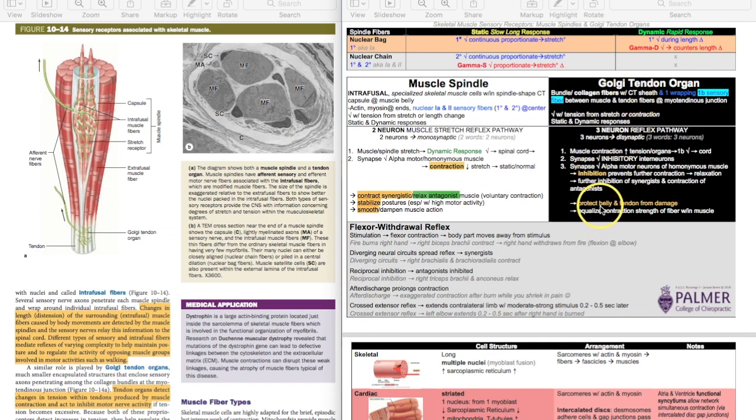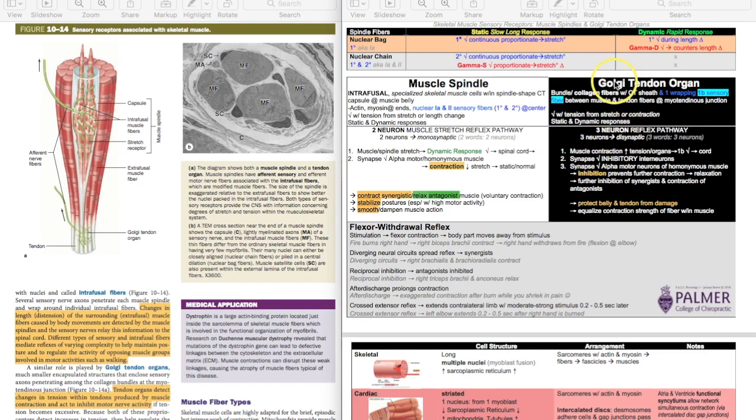They're going to do this to protect the muscle belly and the tendon from damage from too much pressure, too much tensile force, okay? And it's also going to equalize contraction strength of various fibers within a muscle for a smooth, efficient, coordinated, balanced muscle contraction. So you might have to choose in true false or something like that.